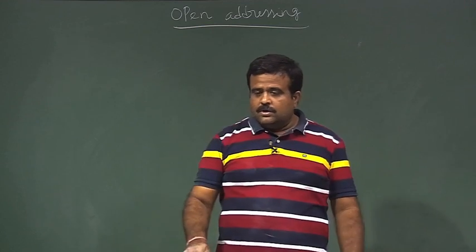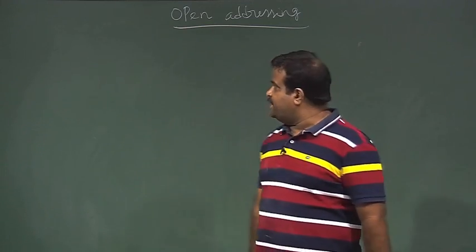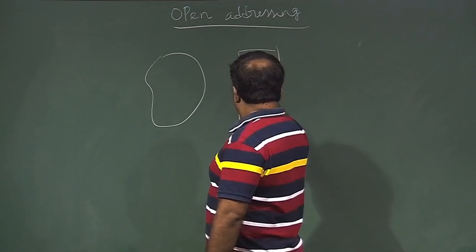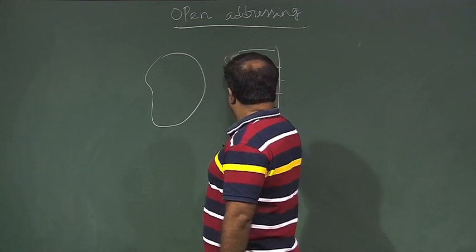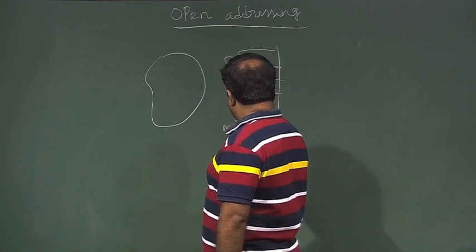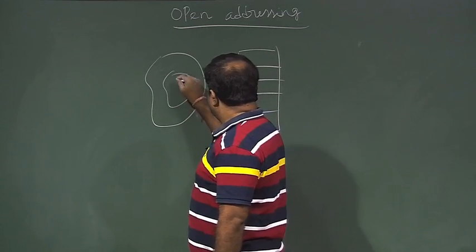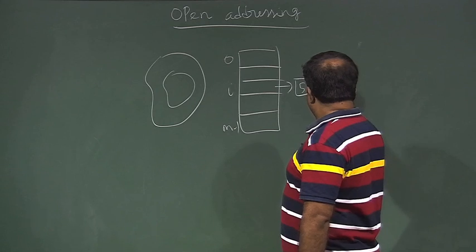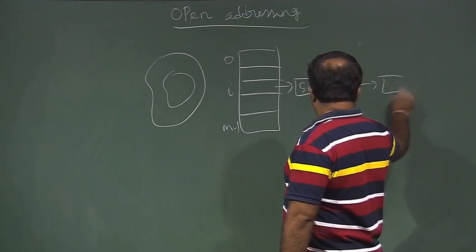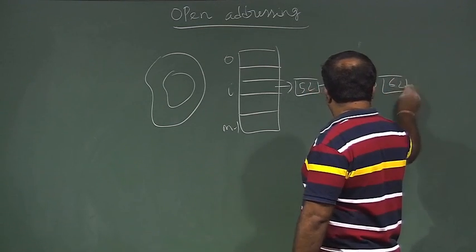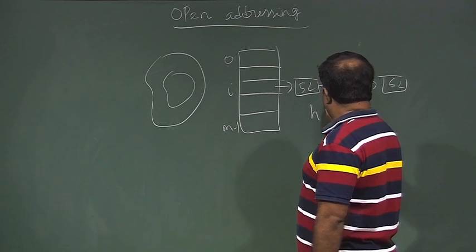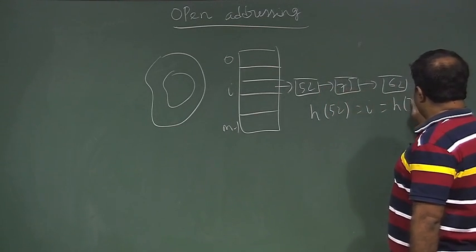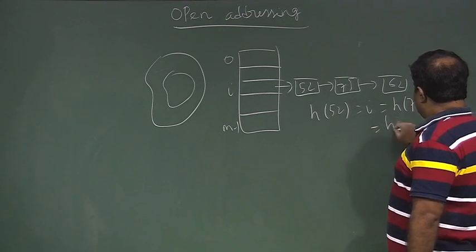Okay. So in the chaining, what did we do? If we have these slots 0 to m minus 1, and if some keys are colliding in a slot, then we have a chain, say 52, 75, 62. H of 52 is equal to i is equal to H of 75 is equal to H of 62.